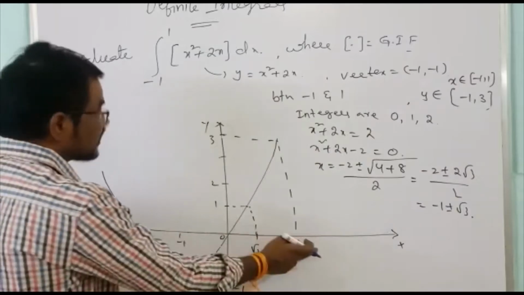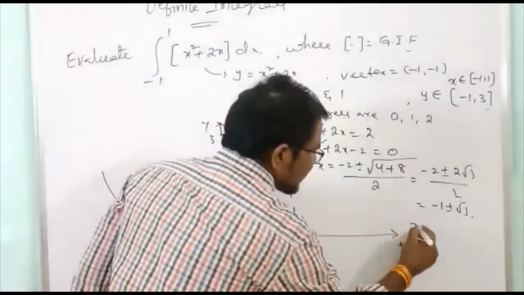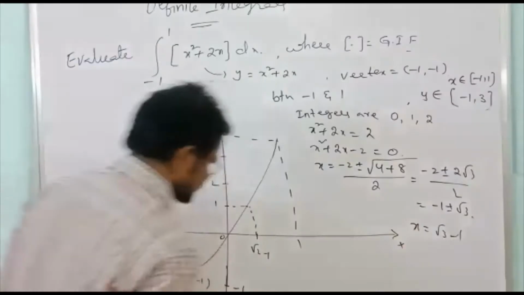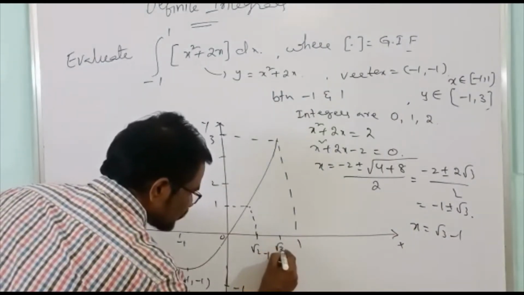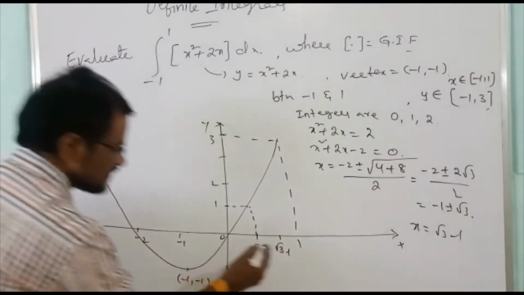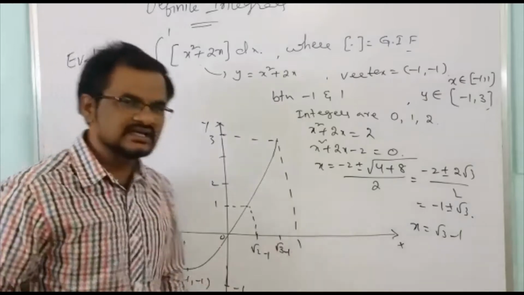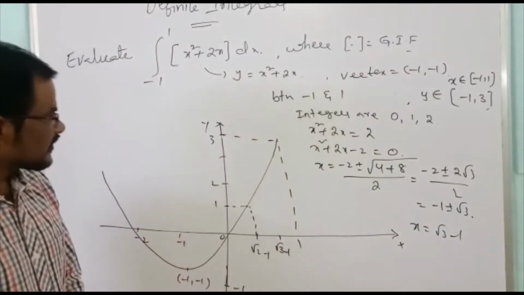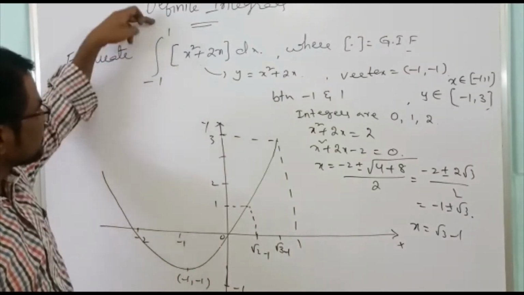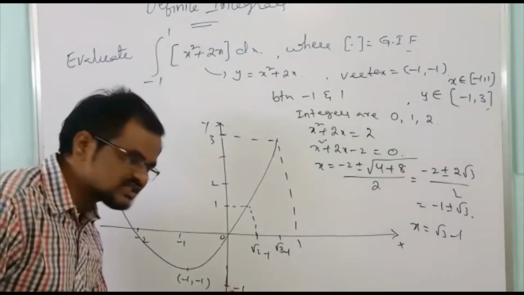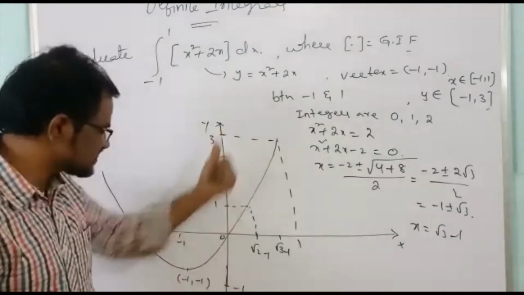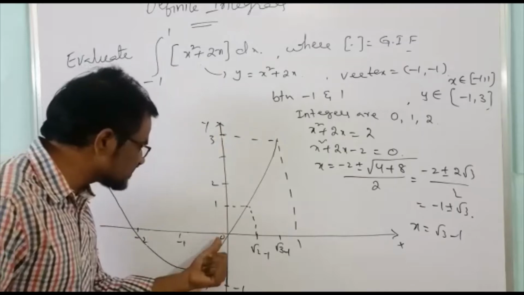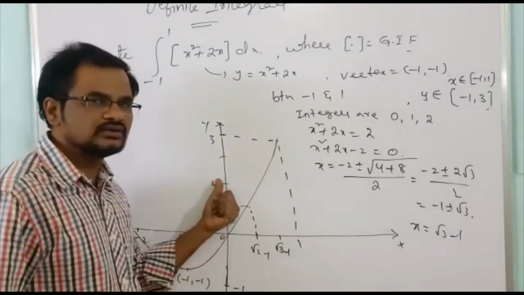But between -1 to 1, the x value is root 3 minus 1. So here I will take root 3 minus 1. Once again, listen here. According to this domain -1 to +1, y exists from -1 to 3, but between these, the integers are 0, 1 and 2, right?